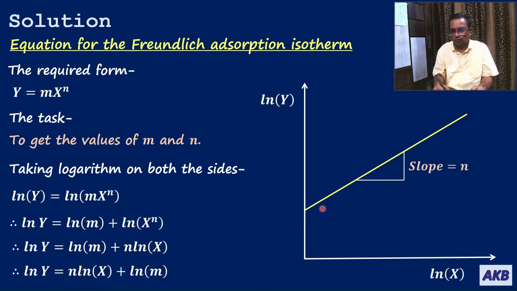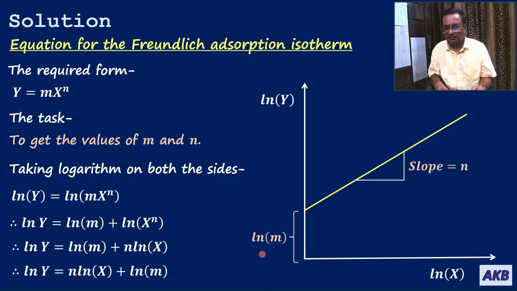So if you could plot a straight line and get the slope, the slope is nothing but n, one of the constants that we are going to find. The slope of the straight line will give us n, and the intercept will give us ln of m, and from that you can get the values of m and n.